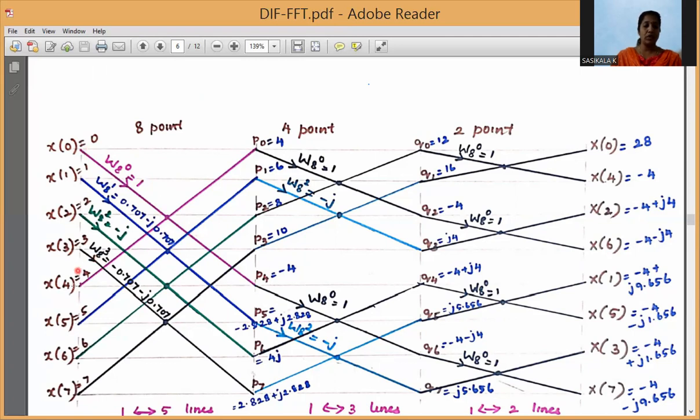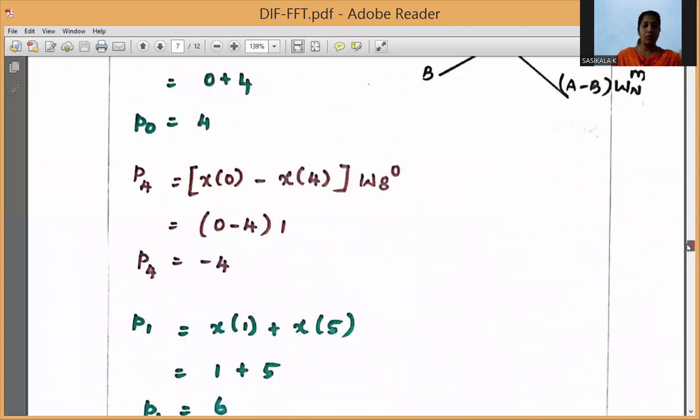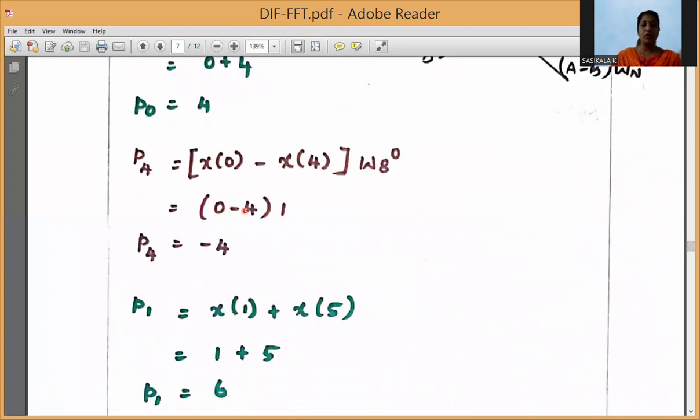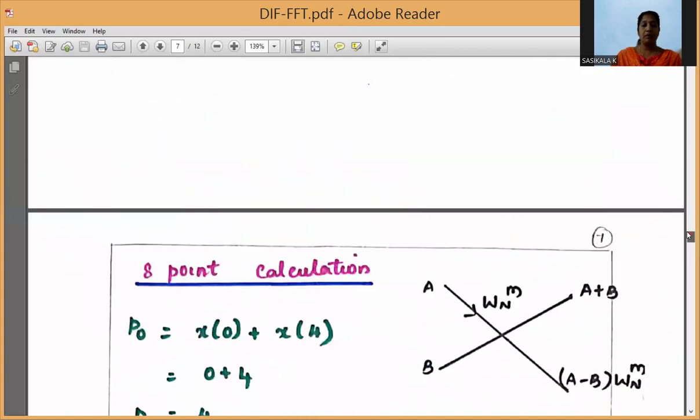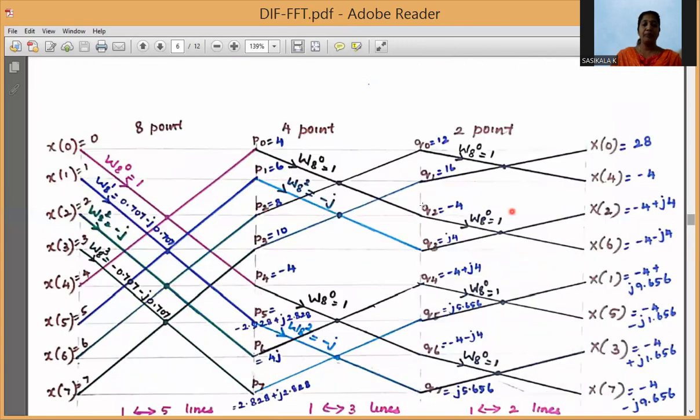It is 0. So 0 minus 4 into 1. So the second output P4 is equal to 0 minus 4 into 1. So 0 minus 4 is minus 4. Minus 4 into 1 is minus 4. So P naught is equal to 4 and P4 is equal to minus 4. So immediately write the values: P naught equal to 4 and P4 is equal to minus 4.